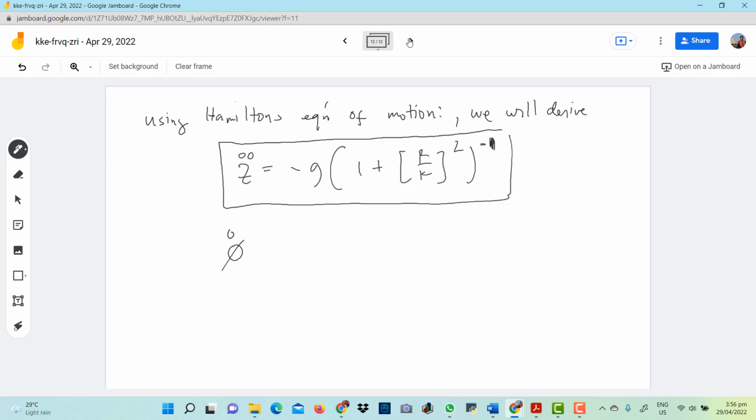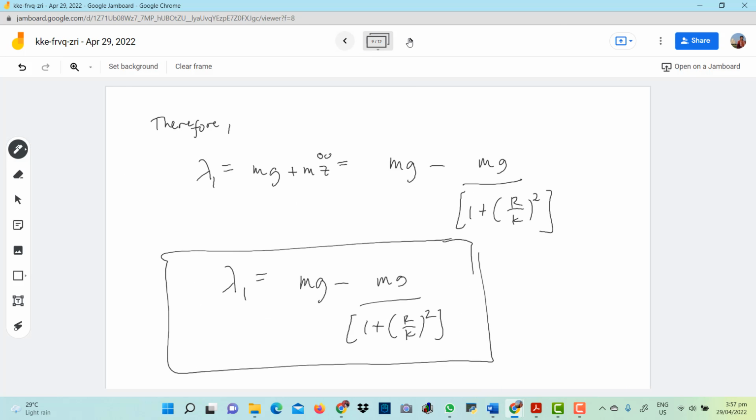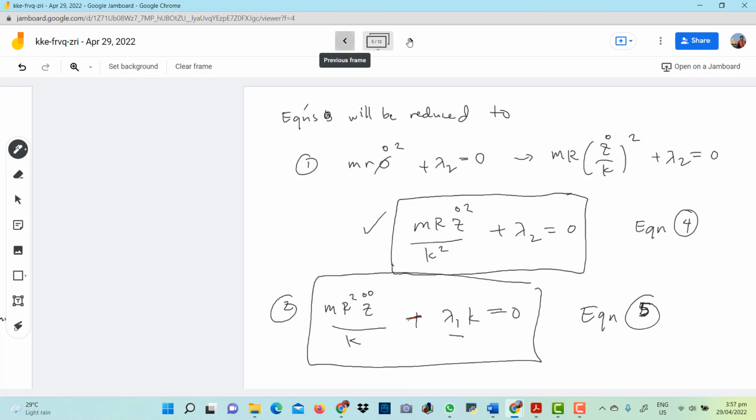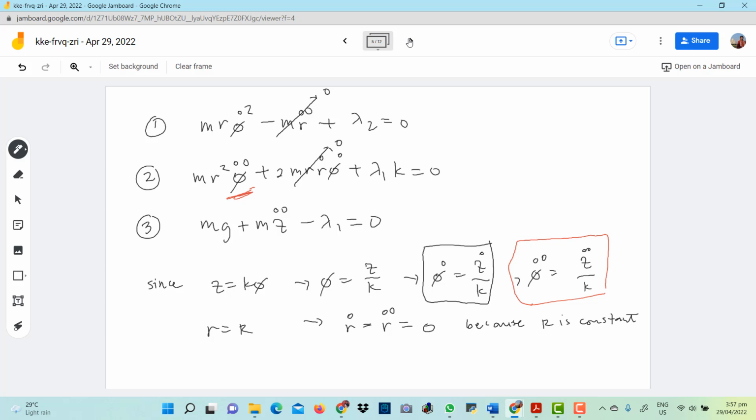But I think r double dot is just equal to 0, because take note, based from the equation of constraints, the r double dot is equal to 0 and the phi double dot is just z double dot over k.